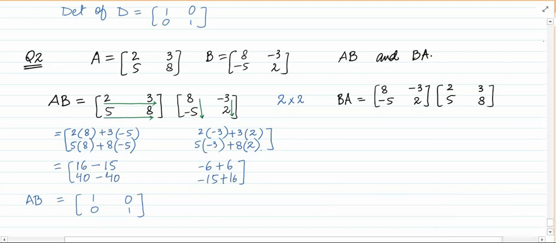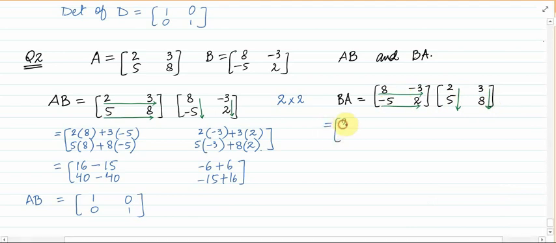So first thing you need to check the condition. As we can see, both matrices' order is the same, so the condition is valid. After that you need to plot the arrows first. First one row wise, second one column wise, right? And then start the matrix multiplication.